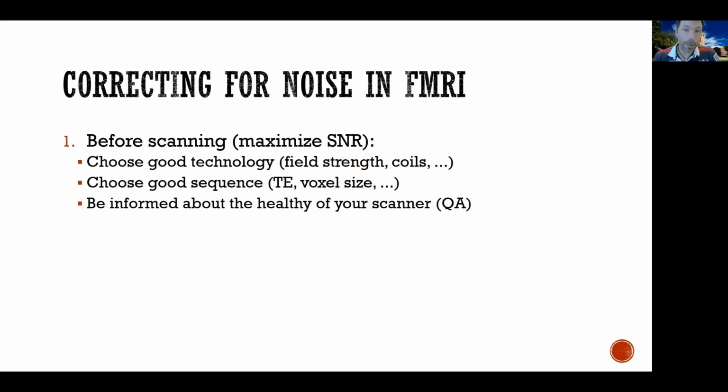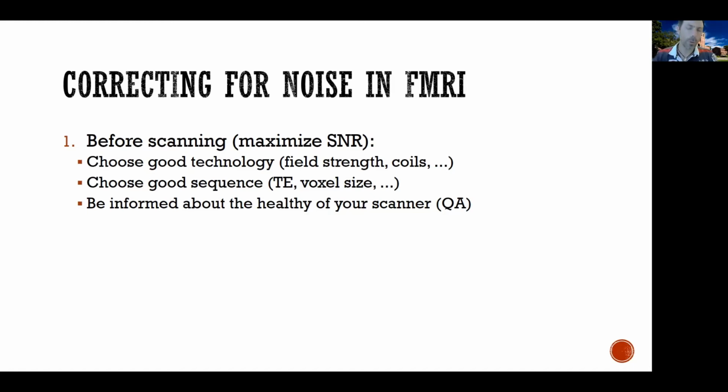You want to make sure that your TE, your echo time, is set appropriately, and I'll give you an example of this in just a moment. You want to pick a good voxel size for the brain structures that you're interested in. If you're interested in something very tiny, you probably want very small voxels. On the other hand, if you're interested in large parts of cortex, maybe it's perfectly fine to acquire slightly larger voxels.